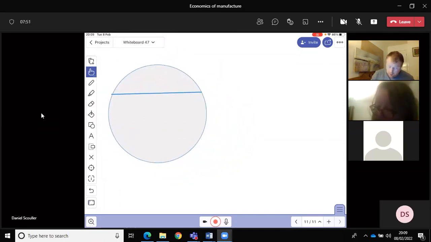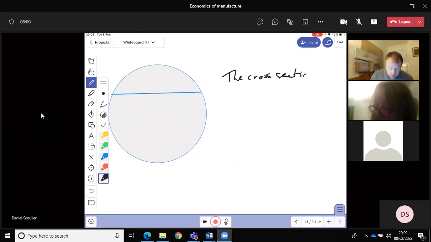Cross section of an oil tanker is shown.